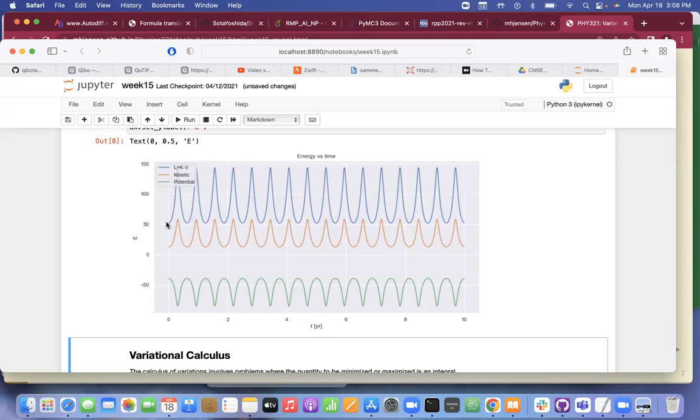So after this motivation, we are going to go through the mathematics of the calculus of variations. From that, we are going to derive the Euler-Lagrange equations, which we can use to find Newton's law.